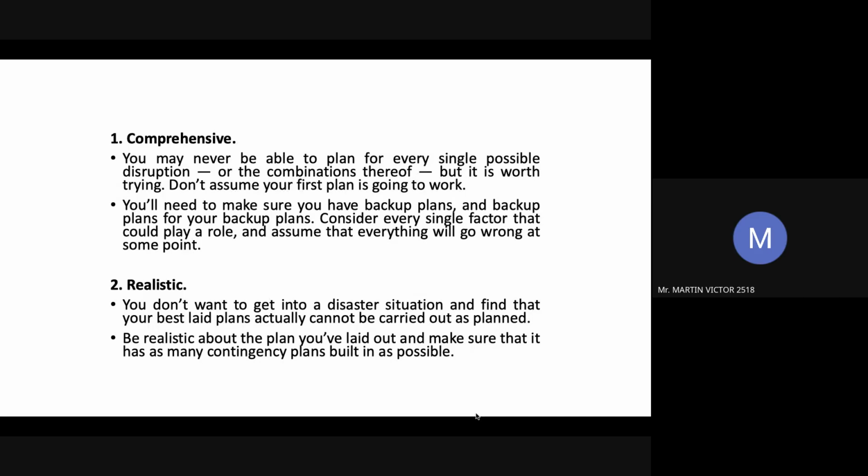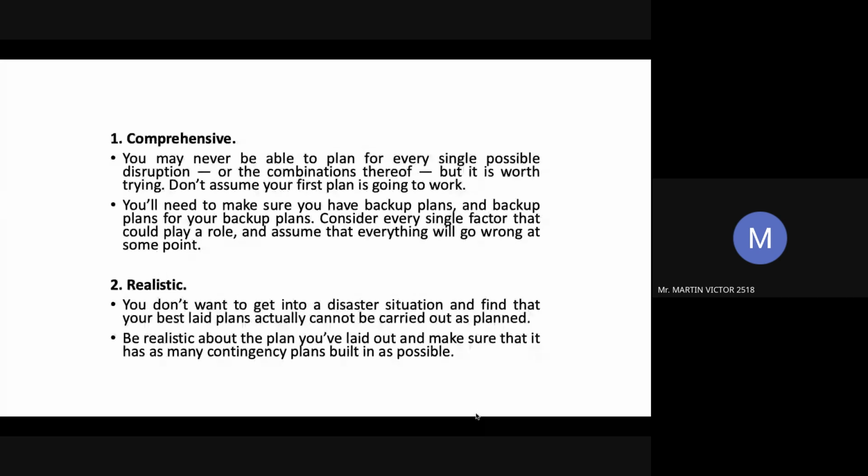But in terms of COVID-19, we wouldn't have thought about it. So we cannot plan for every single possible disruption.